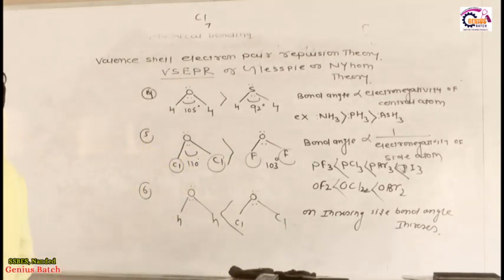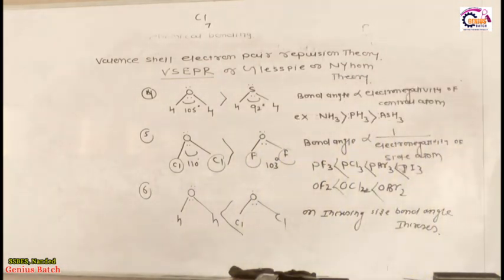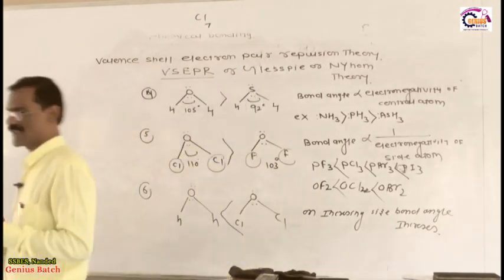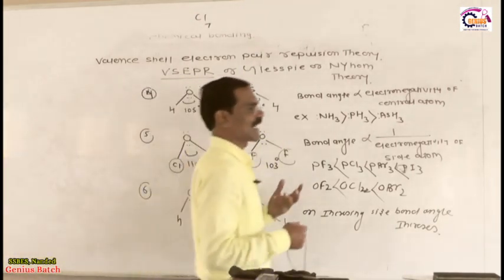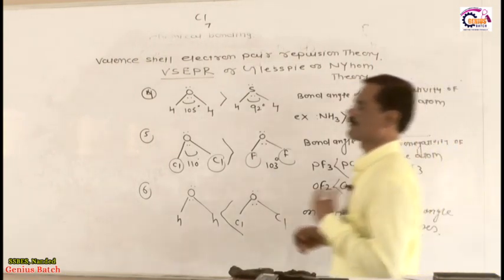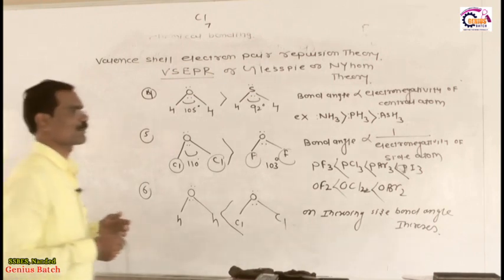What is the meaning of dipole moment? The dipole moment is the polarity induced in a covalent bond due to the difference in electronegativity of the bonded atoms. How much polarity, that is, how much ionic character is present on that particular covalent bond, we measure in terms of dipole moment. How does the dipole moment become zero?